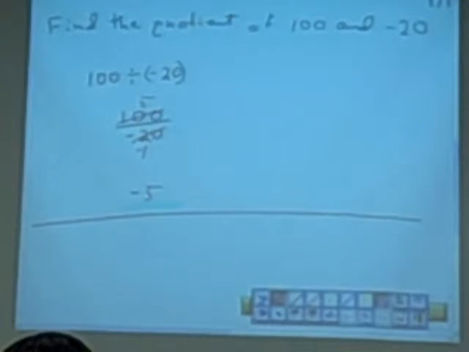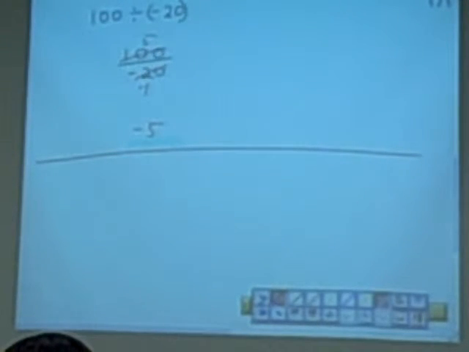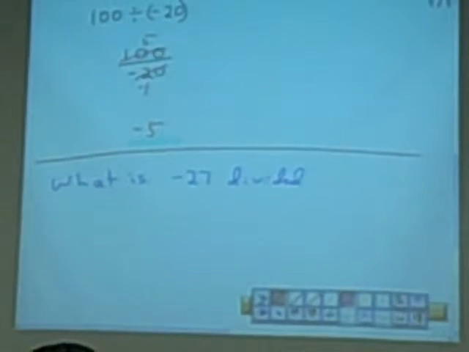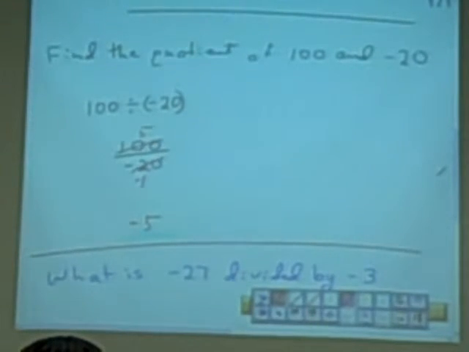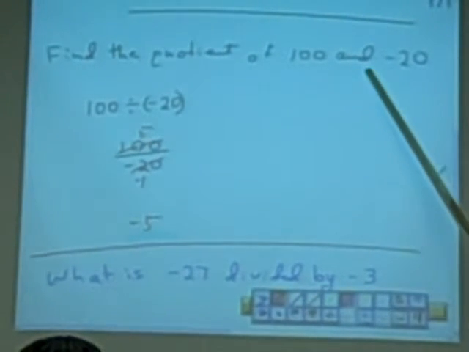So if we have another problem similar to this, where we want to know what is negative 27 divided by negative 3. Now this one has the operation in between the two numbers, so usually students don't have too much trouble with this one. But in the previous one, the quotient was not in between the two.